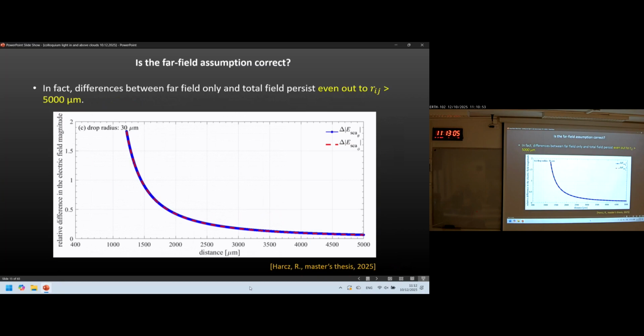And not only that, the differences remain out to distances of more than 5,000 microns between drops. It's biggest when the drops are close. But even if we're 5,000 microns away, with a half micron drop, we still see a difference between adding the near field and assuming there's only far field interaction.